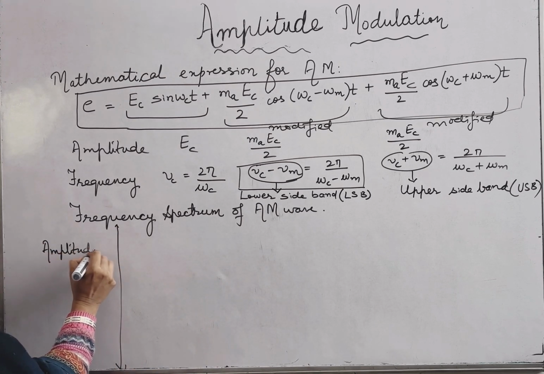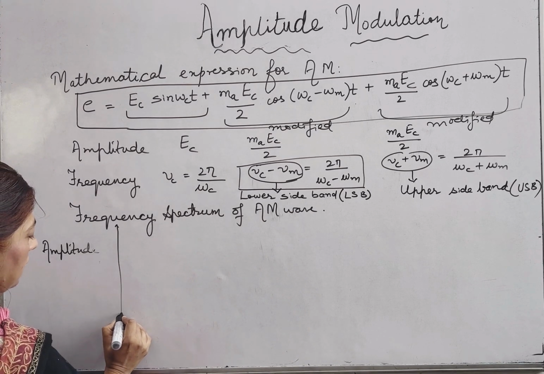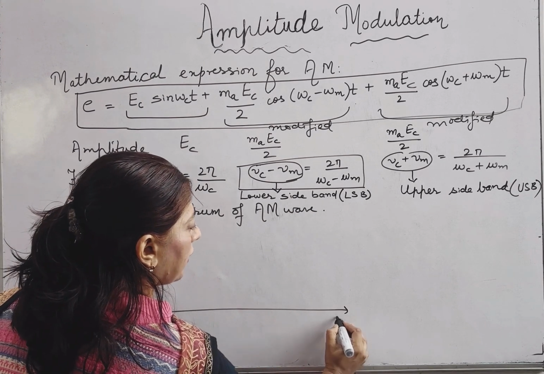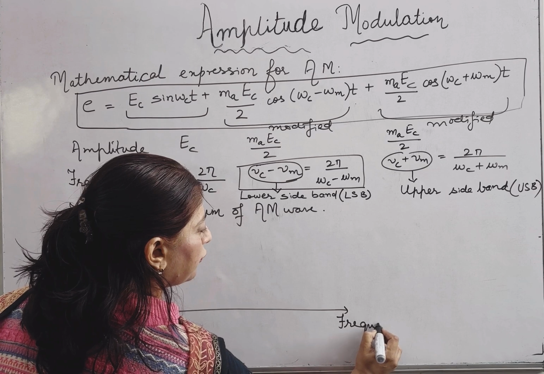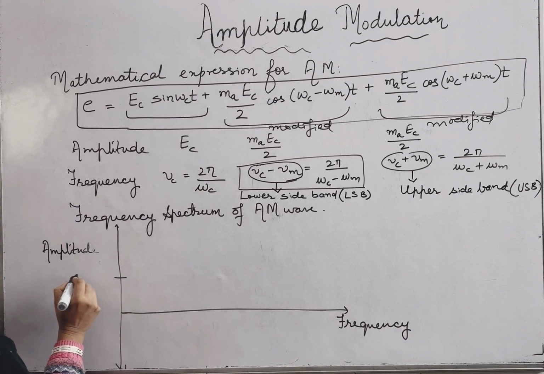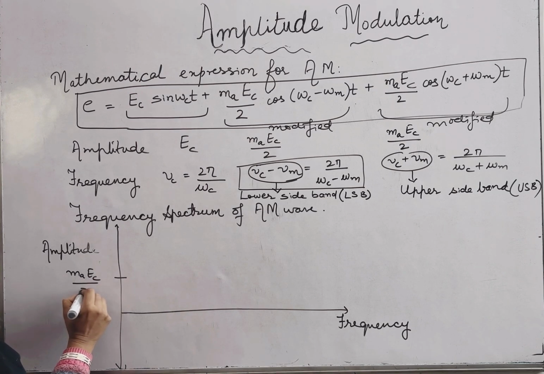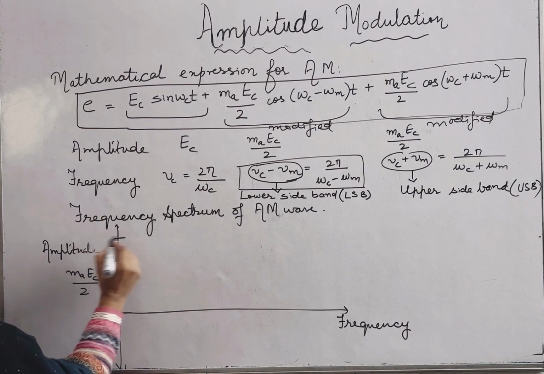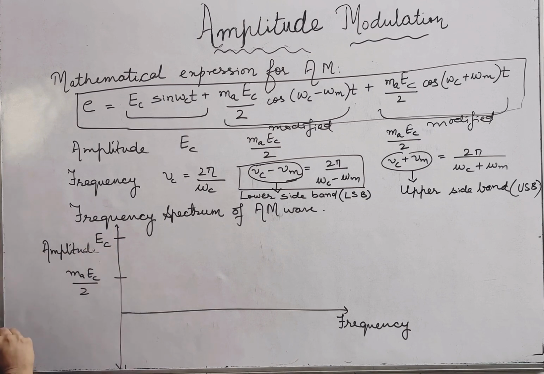On this side we plot amplitude and here we have the frequency. One amplitude is MA EC by 2 and the other one is EC.